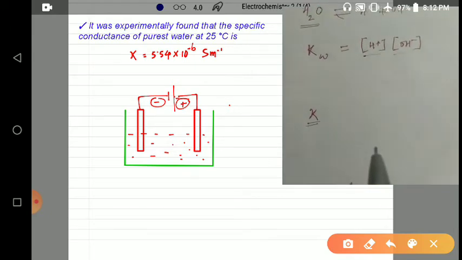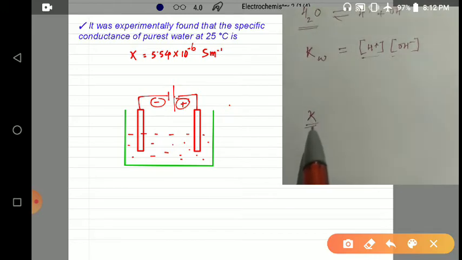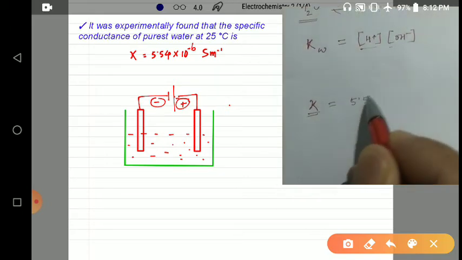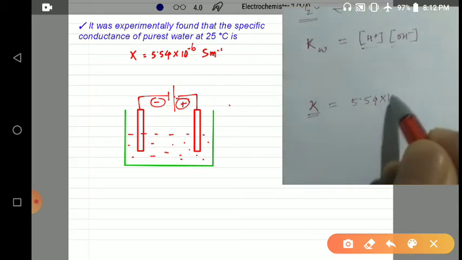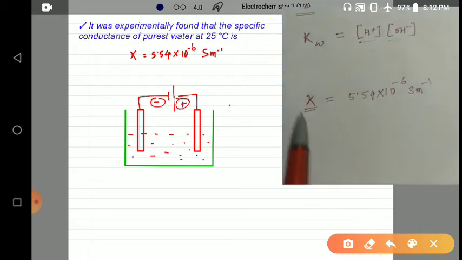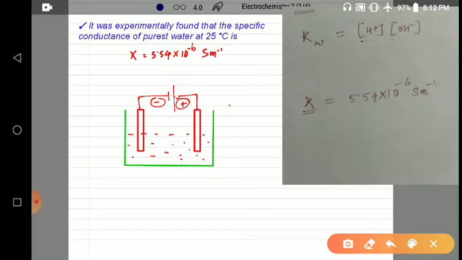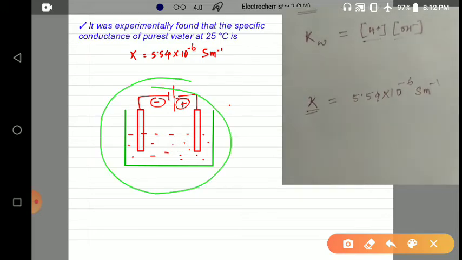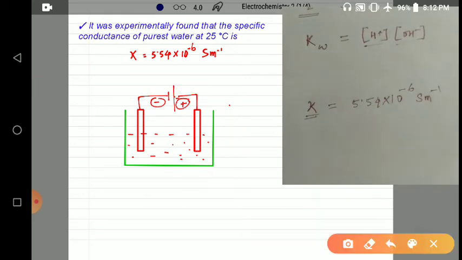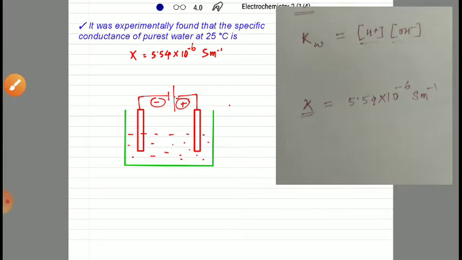The value of specific conductance at 25 degrees Celsius was experimentally found as 5.54 into 10 to the power -6 Siemens per meter. This is your specific conductance. In this figure you see the setup by which we can calculate the specific conductance of water at 25 degrees Celsius. So this is experimentally found data.